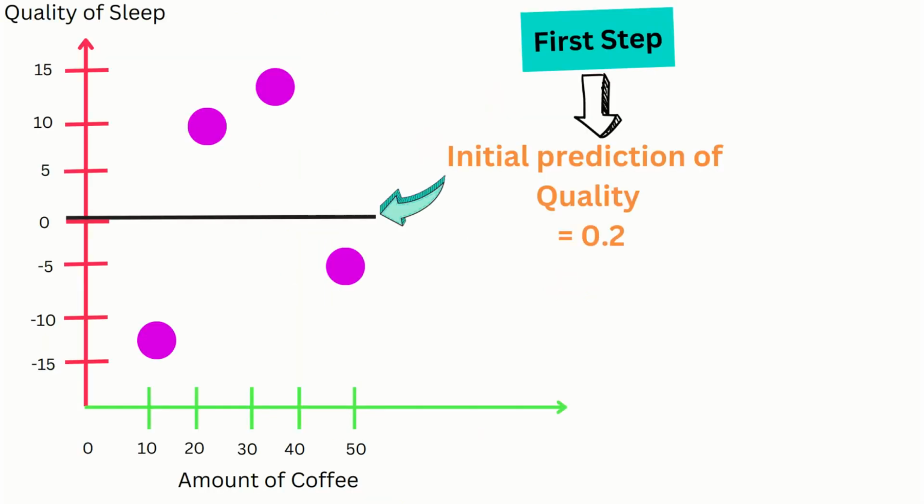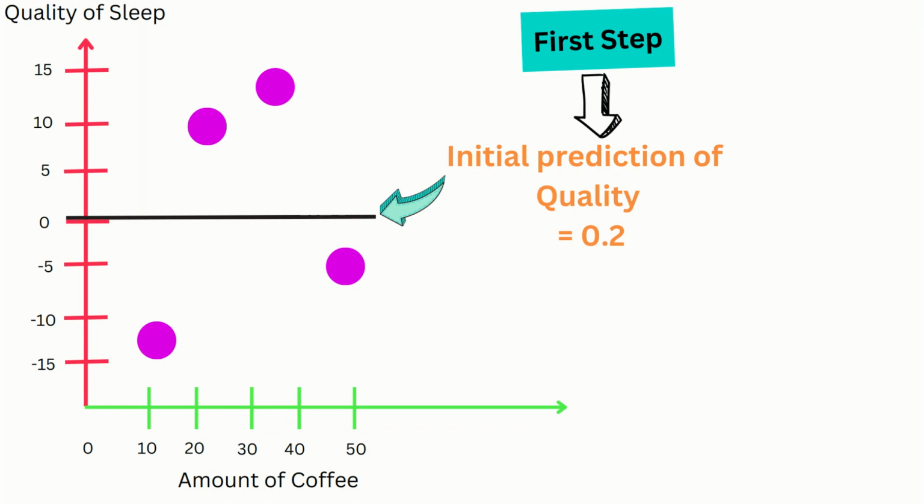The very first step in fitting an XGBoost tree to training data is to make an initial prediction. Here we take 0.2 as the initial prediction. This value can be anything. You can pick 0.1, 0.5, or whatever value you like.